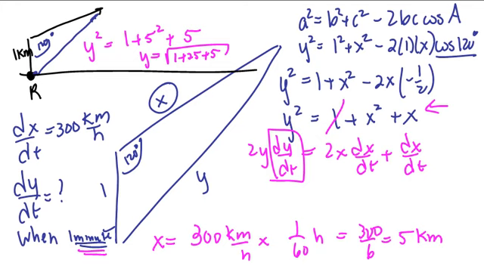So that's the square root of 31. So at the instant that we're talking about, x is 5 and y is the square root of 31 kilometers. Now we have all the bits that we need. We have y, we have x, we have dx by dt, and we just plug our values in and isolate for dy by dt. So let me do that on a new page.